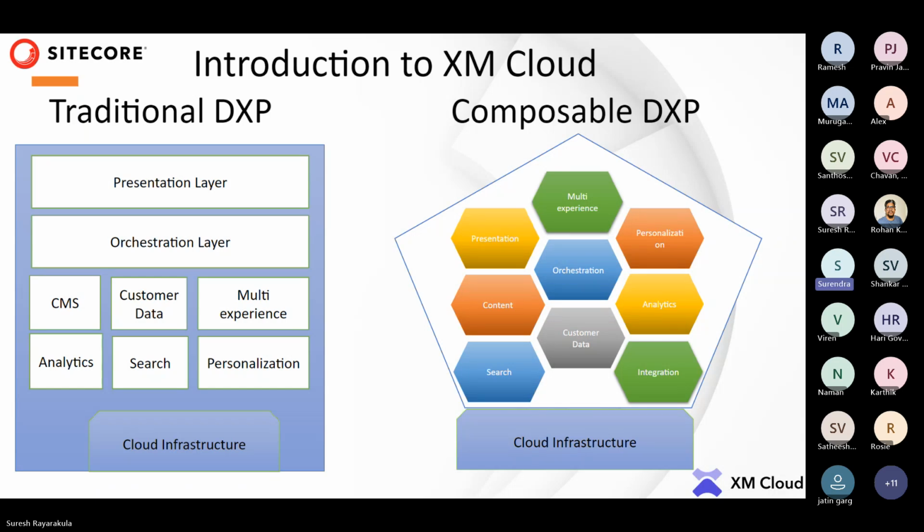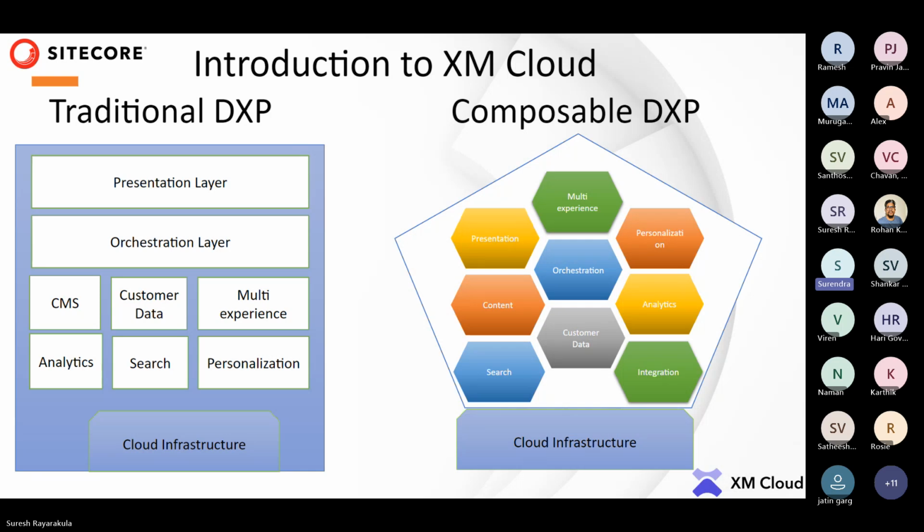The benefit you will get within the composable DXP is lower cost. Similarly, it's very flexible for development. You have to provide different solutions to meet the client requirement, and similarly you require a technical talent pool.